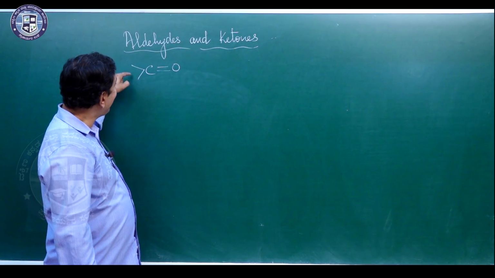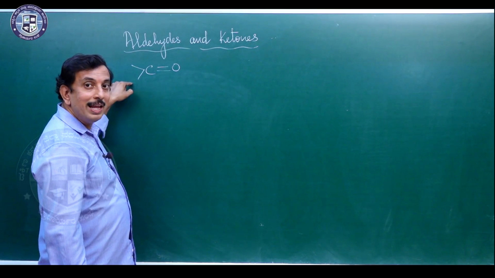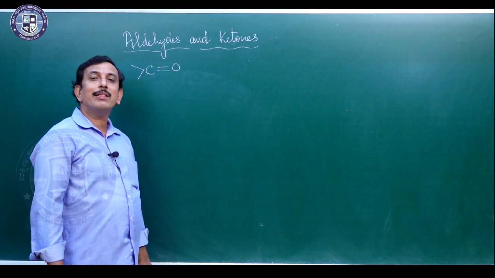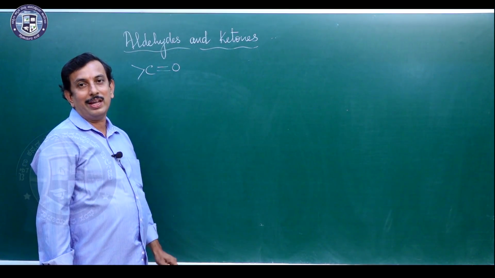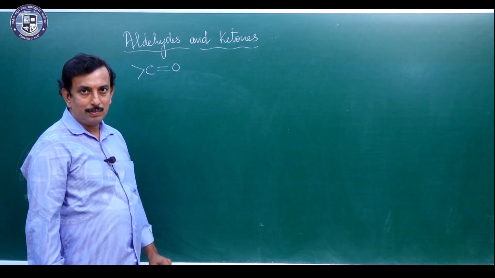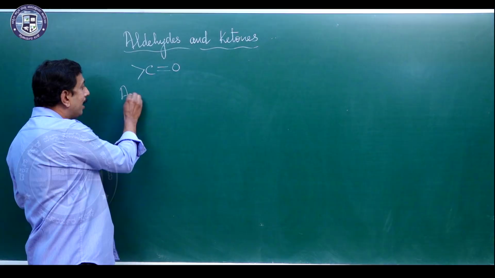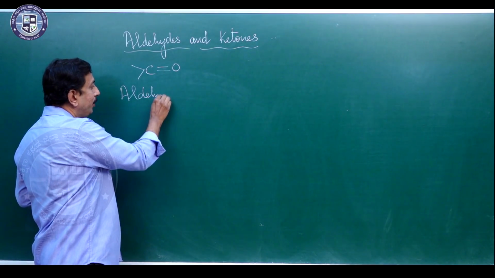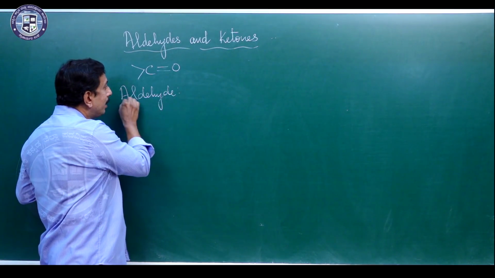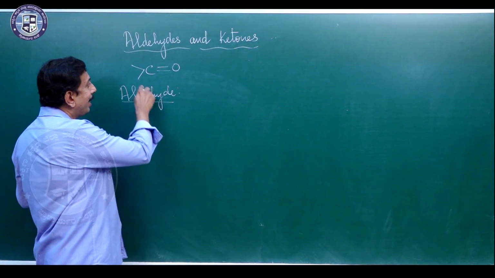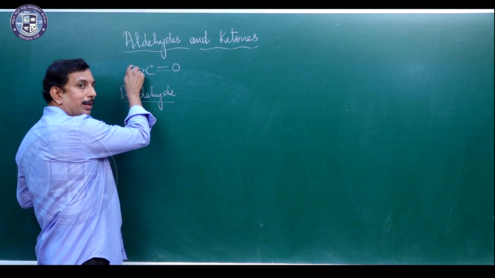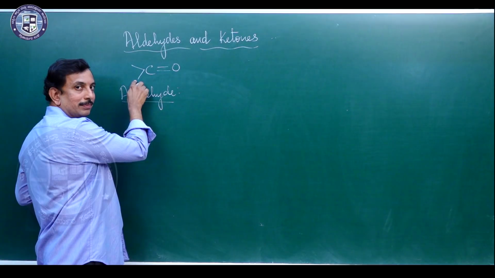The 2 unsatisfied valencies which I am showing here decide which compound is an aldehyde and which compound is a ketone. Suppose I consider aldehyde, we say that aldehydes are carbonyl compounds in which the carbonyl carbon is attached to another carbon and hydrogen.